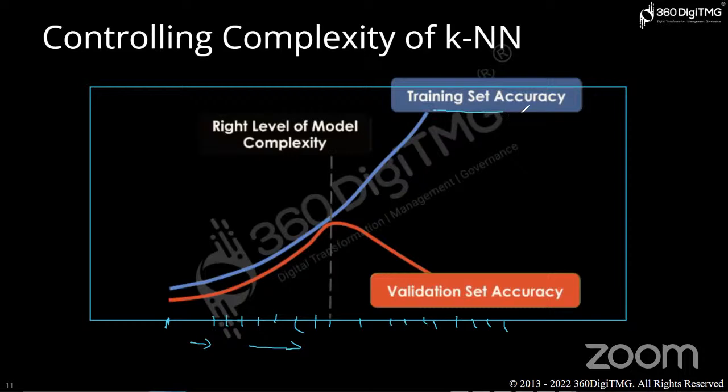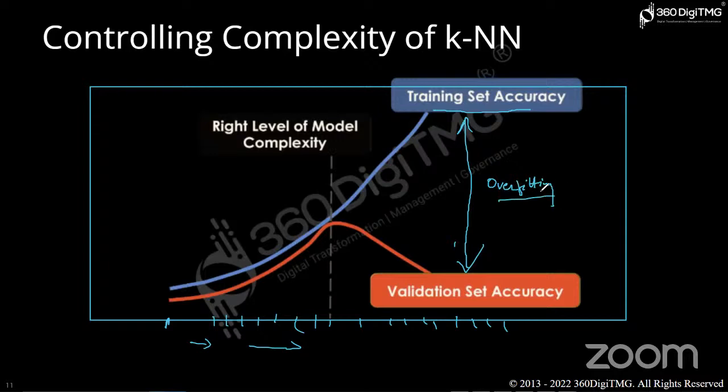We see that training accuracy keeps on increasing, but validation accuracy dips. This is something we had already seen in pre-processing. This is known as an overfitting problem. Overfitting.